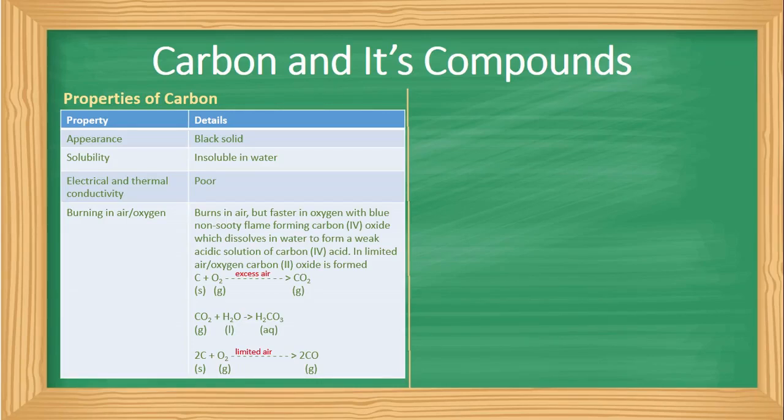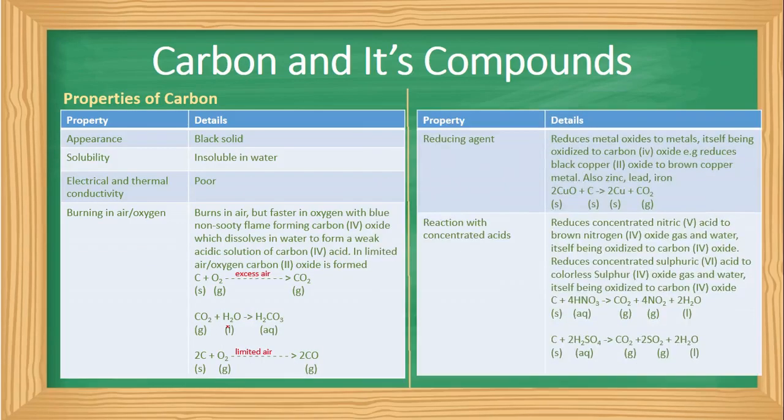But with limited oxygen or air, it forms carbon 2 oxide. The carbon 4 oxide formed when the air is in excess can be dissolved in water to form a weak acid called carbon 4 acid. All these are represented in the chemical equations that you can see presented here.